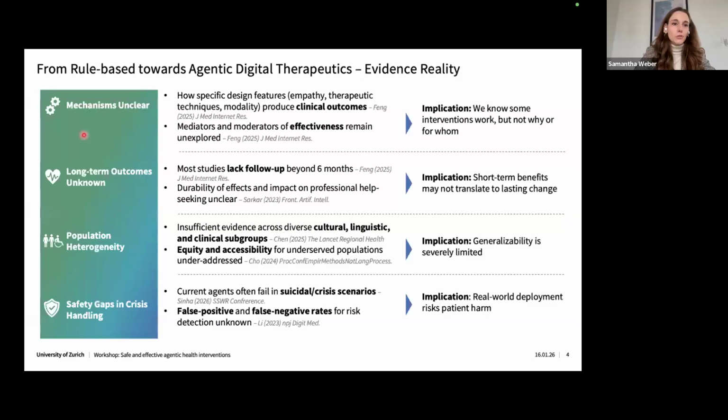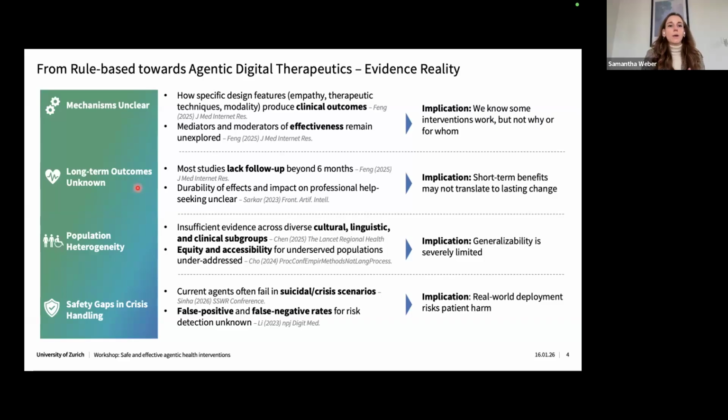As of today, there is a lot of new research out on digital therapeutics, but we know that they often produce clinical outcomes, while the mediators and moderators of effectiveness still remain largely unexplored. That means we know that some interventions work, but we don't necessarily know why or for whom. Also, most of the studies nowadays lack follow-up data beyond 6 months.